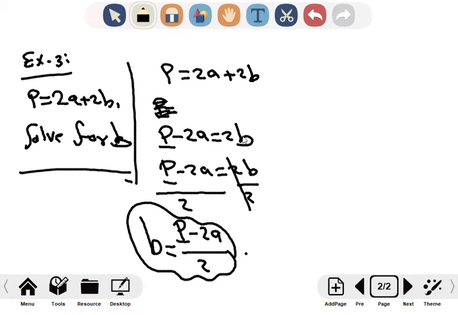I want B alone, so how do I get rid of the 2? Divide. So B equals P minus 2A over 2.